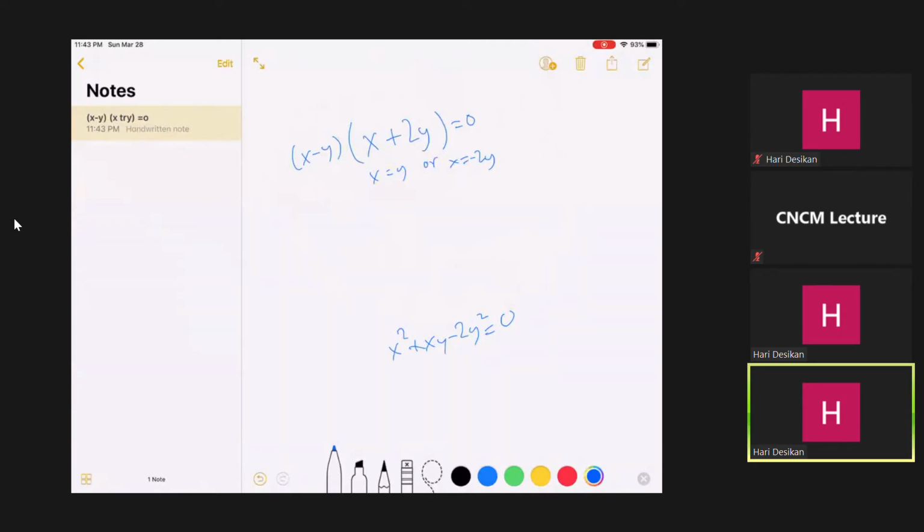Now we're going to use these two constraints on the second part of the problem, which said, for reference, that we're trying to find the product of all possible values of k, such that log 3 of (3x plus y) equals log 9 of (3x squared plus 4xy plus ky squared).